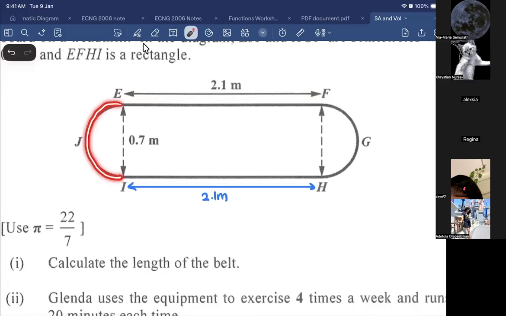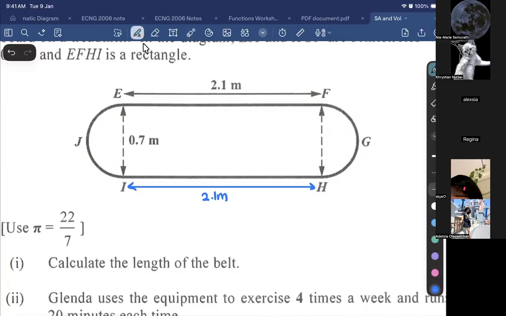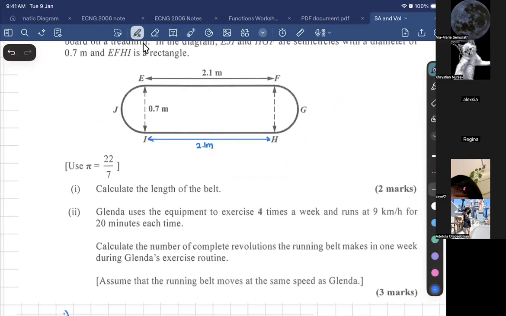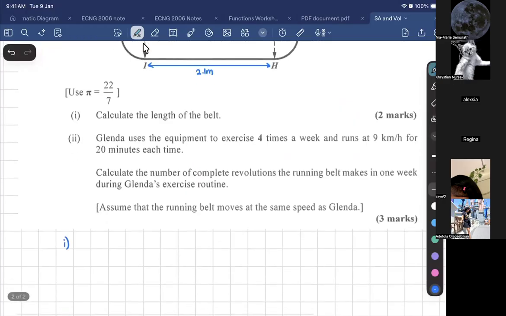What shape is this? A semicircle. What shape is this? A semicircle. Add both of them together, what do you got? A whole circle, right? Do we know the formula for circumference of a circle? 2 pi r.